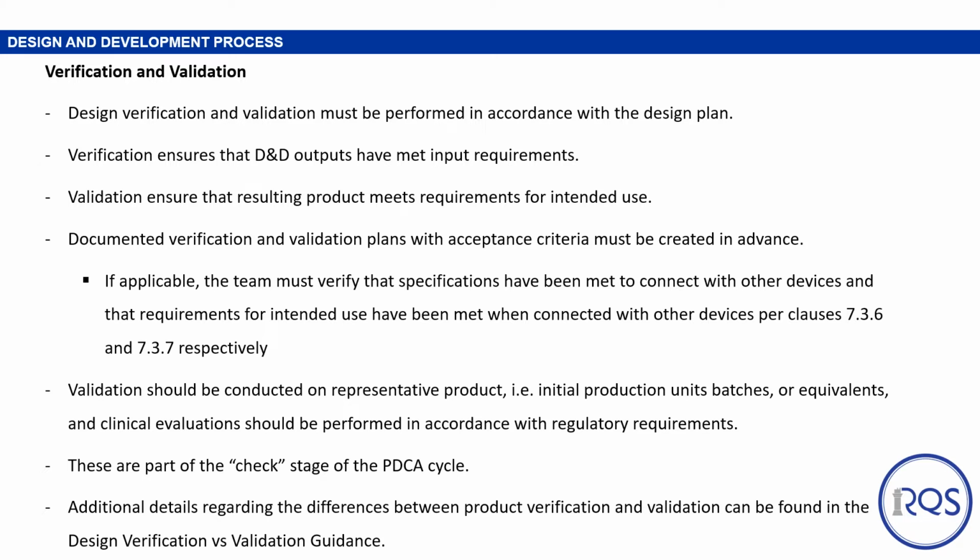Validation should be conducted on representative products, such as initial production unit batches or equivalents, and clinical evaluation should be performed in accordance with any regulatory requirements. These are part of the check stage of the PDCA cycle. Additional details regarding the differences between product verification and validation can be found in the Design Verification versus Validation Guidance in the Additional RUC Guidance Documents folder.